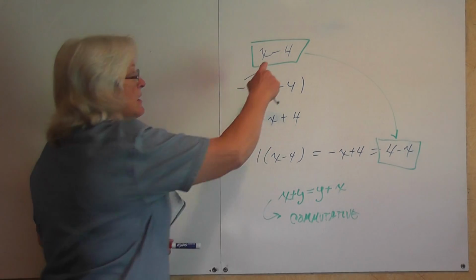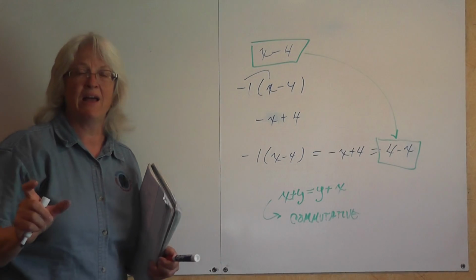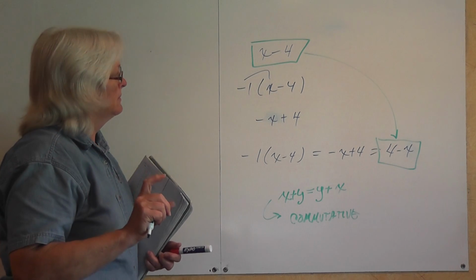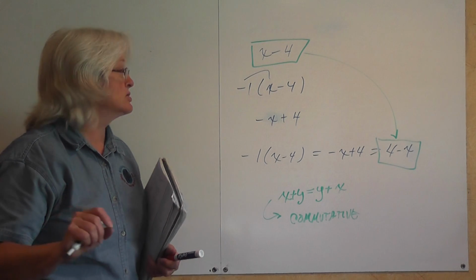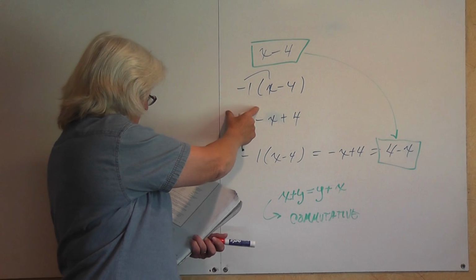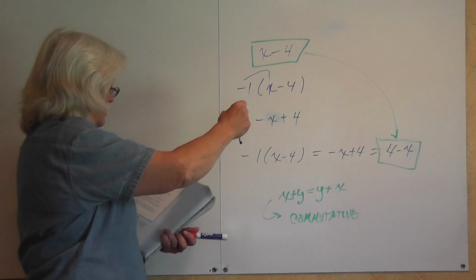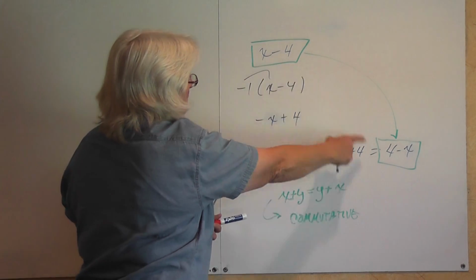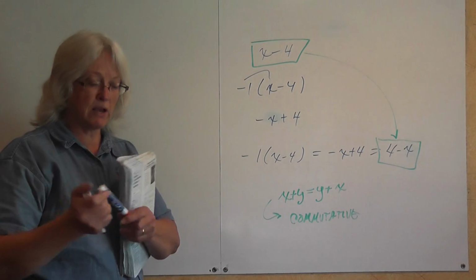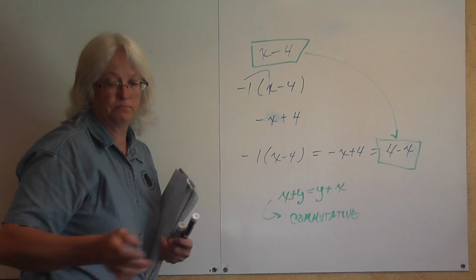Okay? X minus 4 and 4 minus x are not the same. Subtraction is not commutative because what we've done here is we've multiplied by a negative 1. So x minus 4, 4 minus x, those aren't the same thing. But let's go ahead and see what happens if we substitute in a couple of numbers.